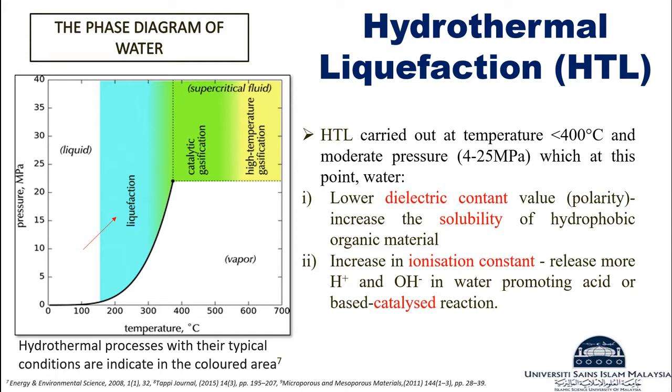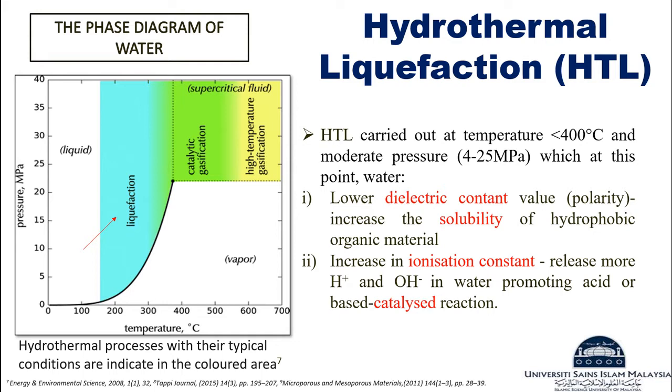As you can see in the diagram, the liquefaction takes place in the blue region, and since the reaction is conducted in this region, it offers a lower dielectric constant value, or polarity, which increases the solubility of the reaction media and biomass.